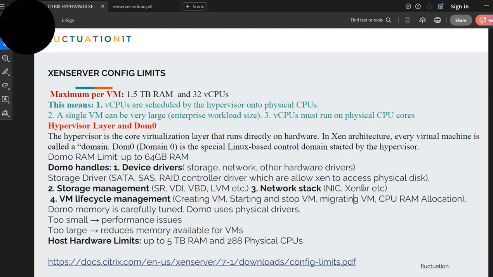Do you know xenbr? It is a Linux bridge. NIC means network interface card.